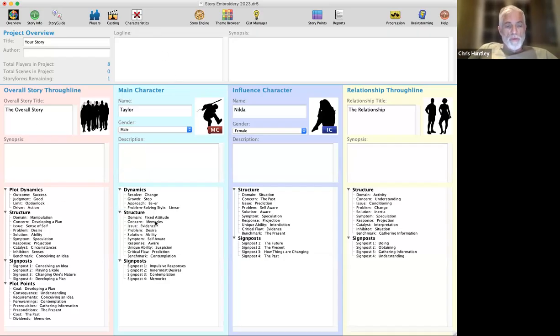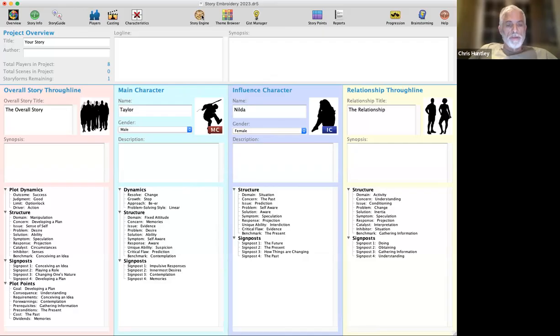We have a story form which we can go over quickly in a moment. We have a main character, male, whose name is Taylor, an influence character who's female, Nilda, and then we have 6 other characters, which I'll show you in a moment.